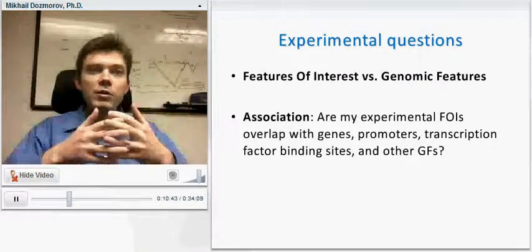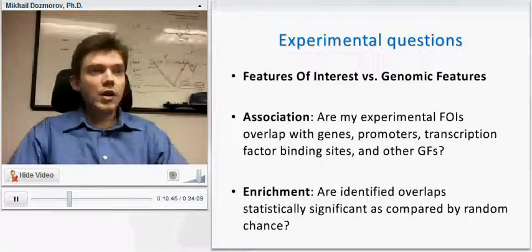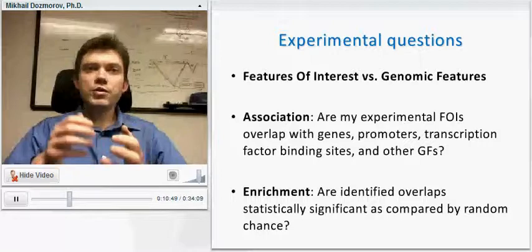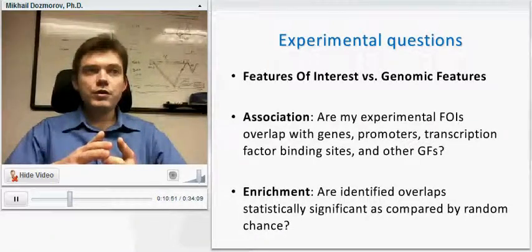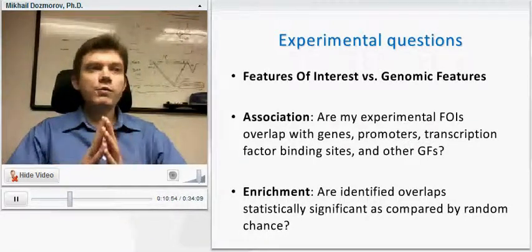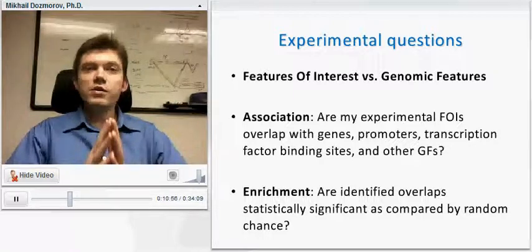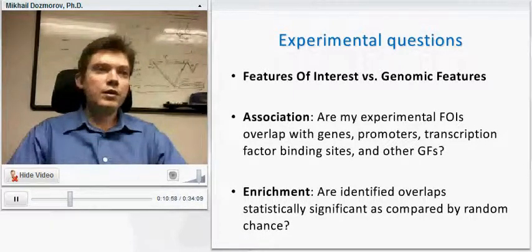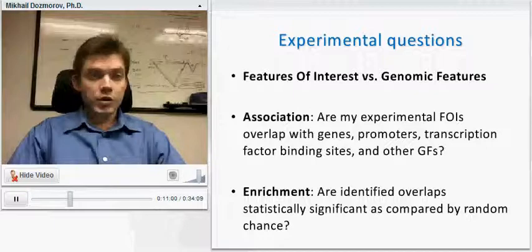Just, do they overlap or not? And another question: if your features of interest overlap with genomic features, are those identified overlaps statistically significant as compared to those by random chance?